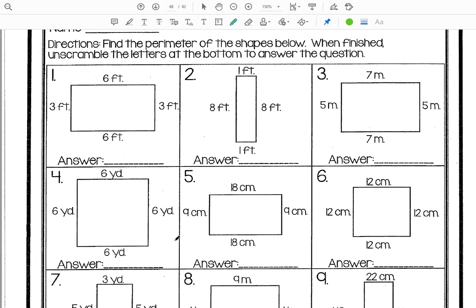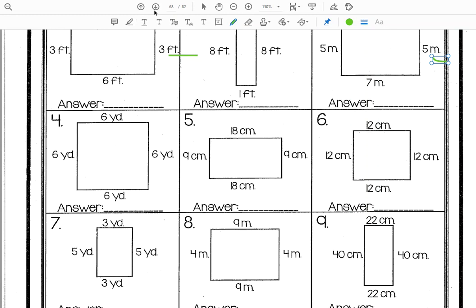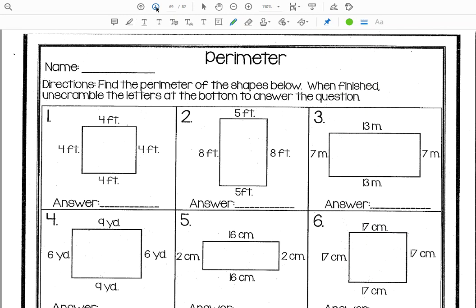Okay. So these you can either add up or you can multiply by 2. So 6 plus 3 is 9, 6 plus 3 is 9, 9 plus 9 is 18. Remember to put your labels because they're not all feet. Okay, so perimeter is adding around the outside. Just around the outside. Alright. You can do that, I'm sure.